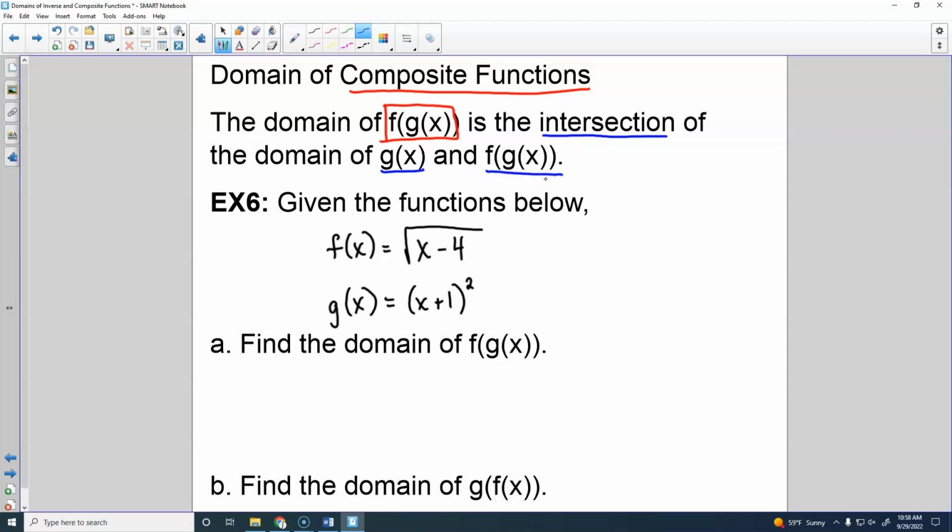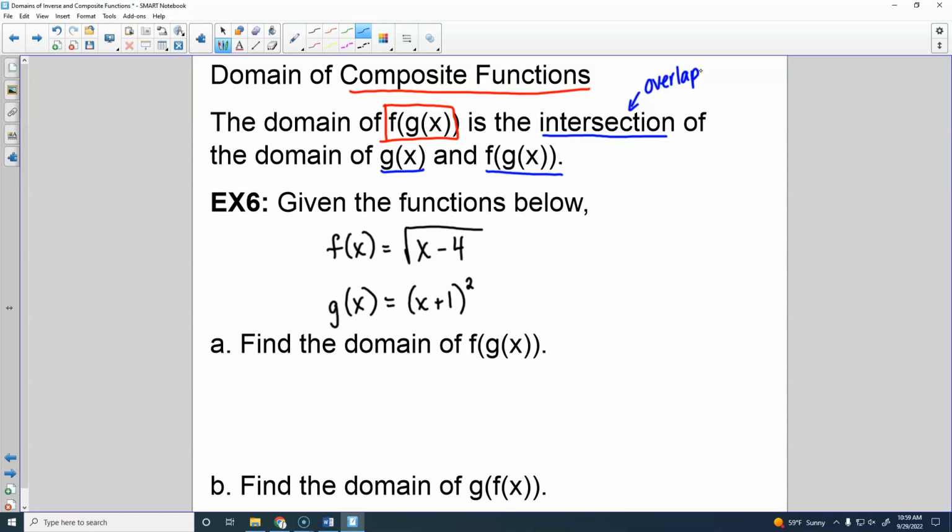Intersection means the overlap. So we have to have values that are both in the domain of g and the domain of f of g of x. So it's where those two things overlap for us.